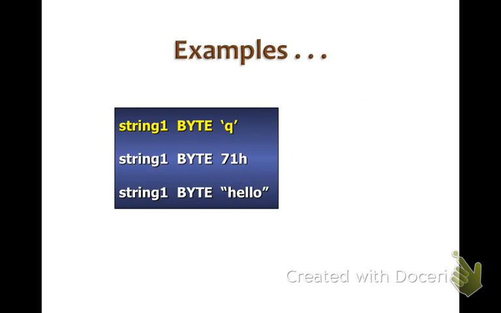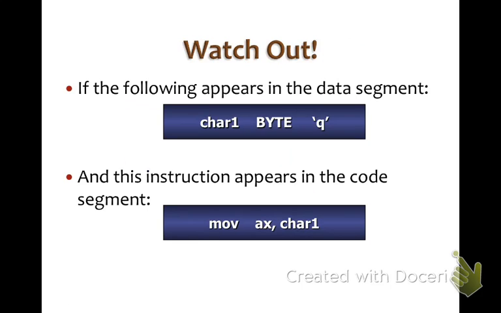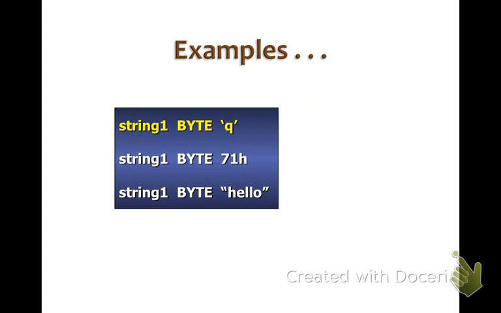So, more examples. This first one allocates a byte of memory and gives it the identifier string 1, initializes it this way. I could also, if you look in the ASCII table, do the same thing that way. This third one actually allocates memory for an array of byte-size characters in memory and initializes it to these characters.